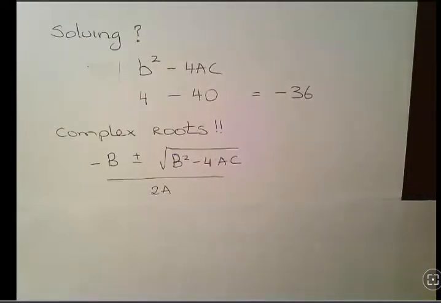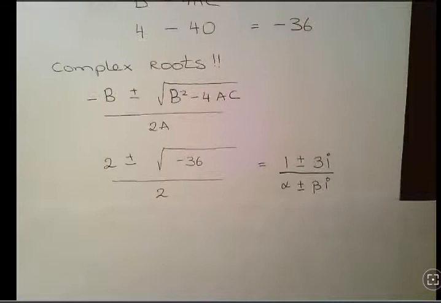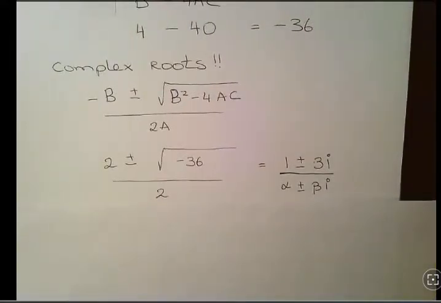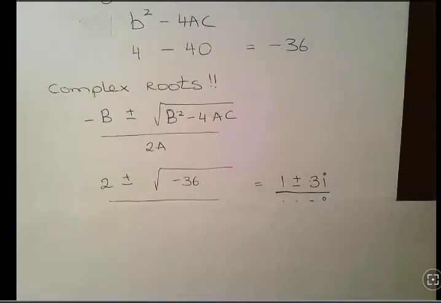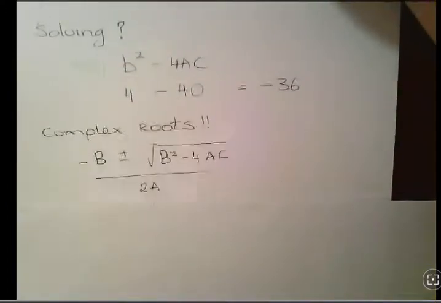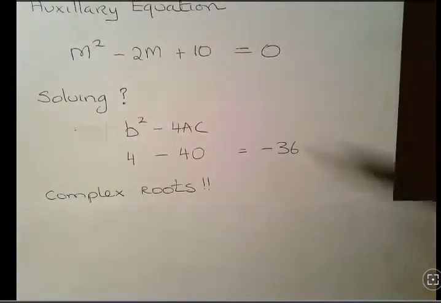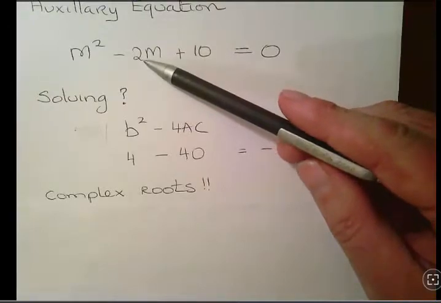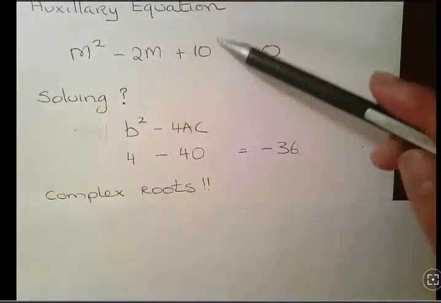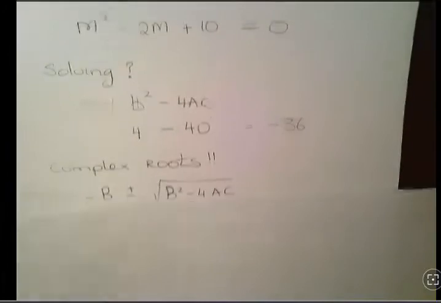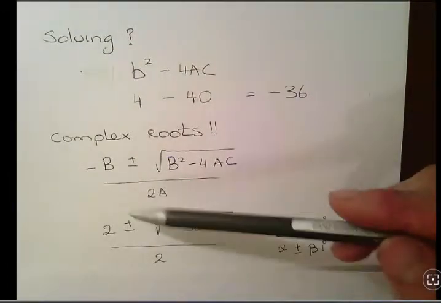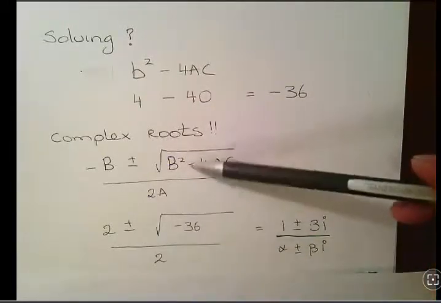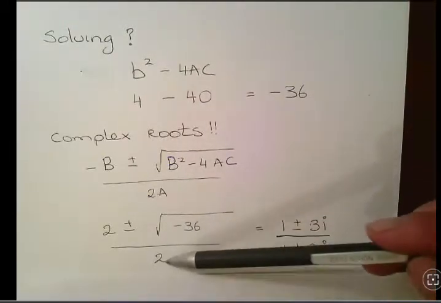In this case, b is minus 2, a is equal to 1, c is equal to 10. That means that minus b is equal to 2, plus or minus the square root of minus 36. We've seen that already, all over 2a.